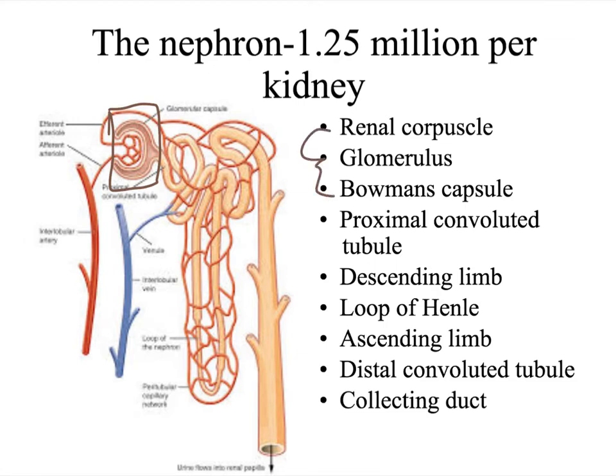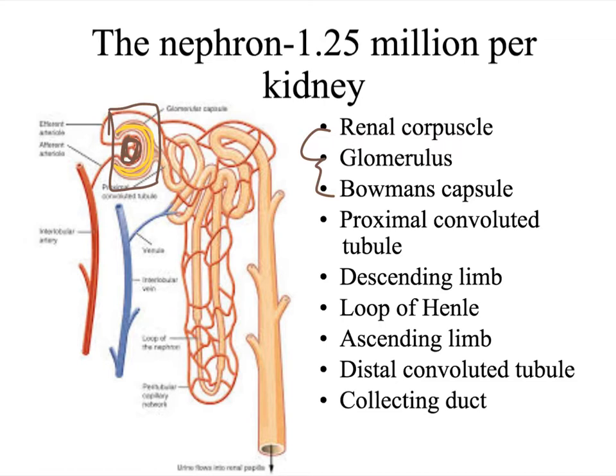The glomerulus is this cluster of capillaries in the center, and then Bowman's capsule is going to be surrounding it. So kind of picture a circular structure, like a little ball that's surrounding a clump of capillaries, about 50 little capillaries hidden away in there.